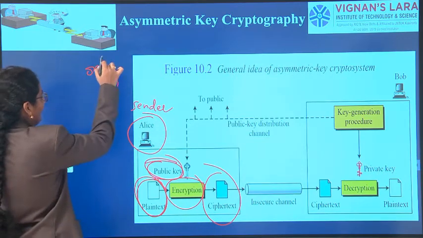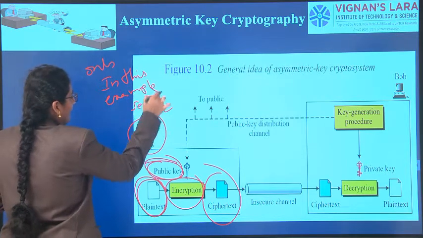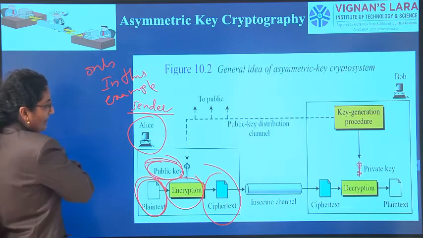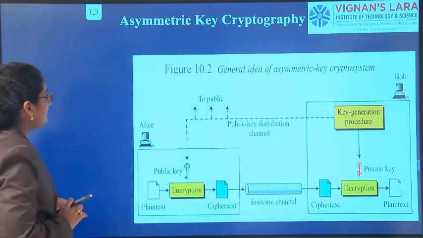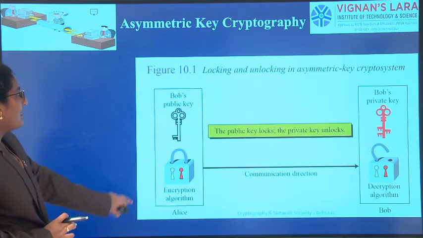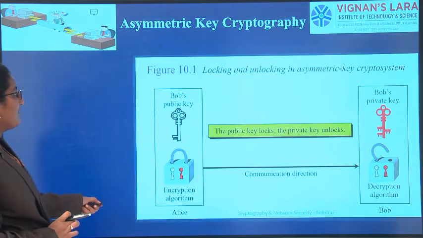In the before example, Bob was the sender, Alice was the receiver, so Bob's public key and Bob's private key were used for encryption and decryption.